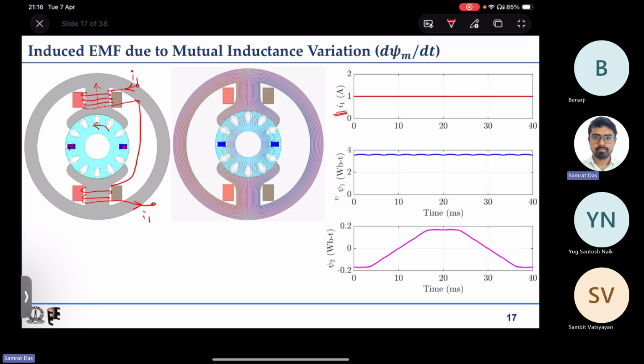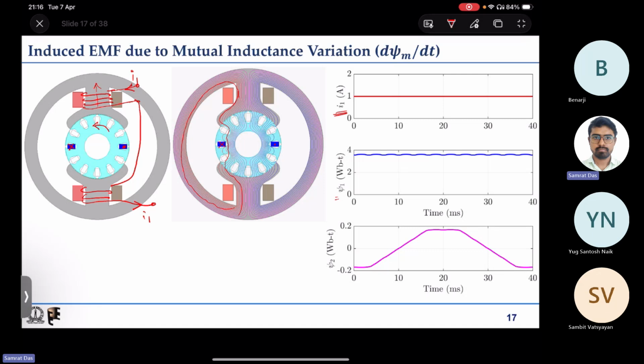For this rotor position in the second figure, all the flux lines come and link. This is one flux line. It obviously links the first coil, but given the polarity, it links in the opposite direction.